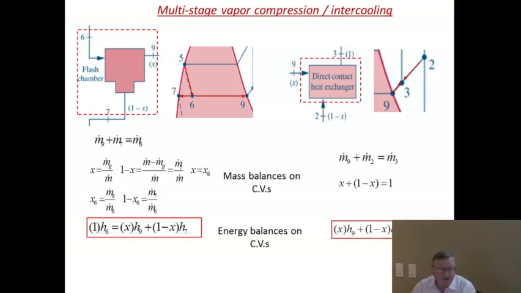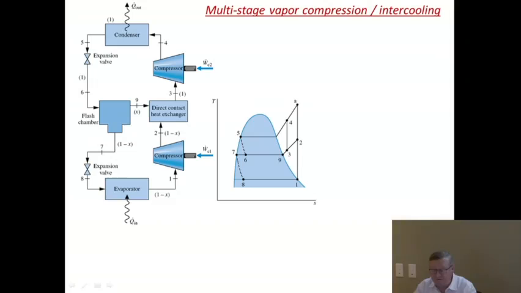And we write the energy conservation again. So we have X times H9, which is the enthalpy that comes in here, plus 1 minus X times H2, sum these two, that is simply going to be 1 times H3, and these are now your two equations of conservation, which you will use in your problems.